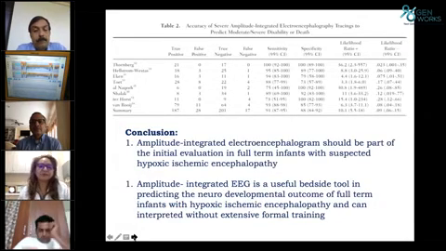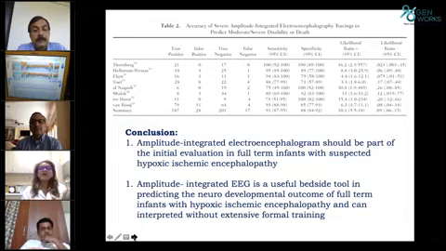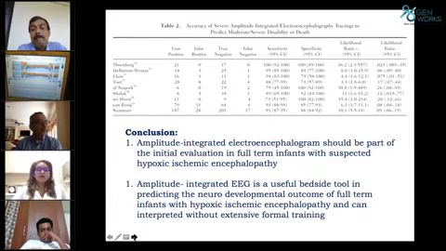Next slide, please. So what does this meta-analysis tell us? That aEEG should be part of an initial evaluation of a full-term infant whenever we are suspecting HIE, and it should be like a bedside tool. Now we are talking about ultrasound as a bedside tool. We call ultrasound a stethoscope.